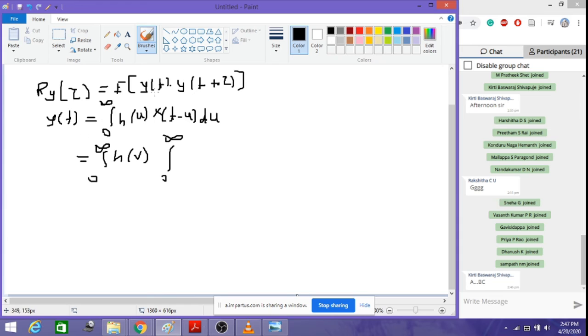It means for each of these terms we are substituting in this case. So when we apply the expectation for each of these, it is again the convolution function.